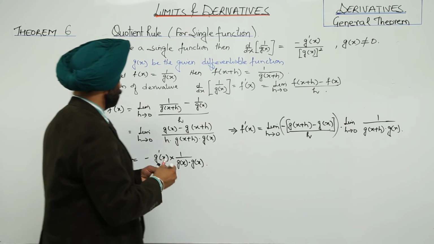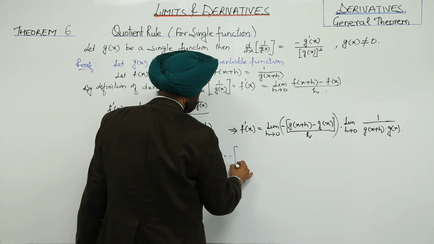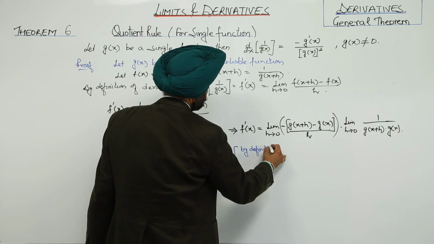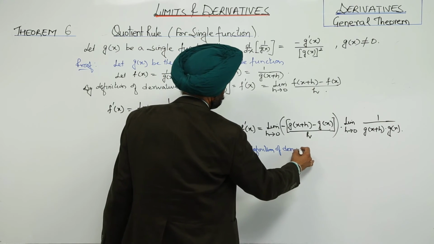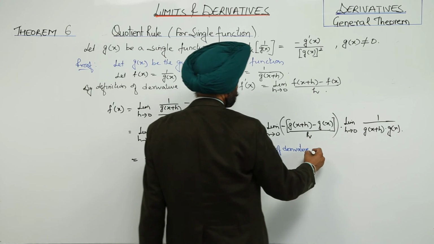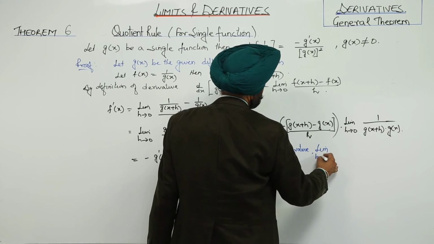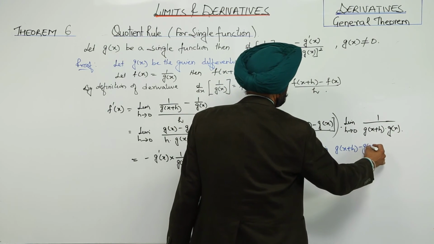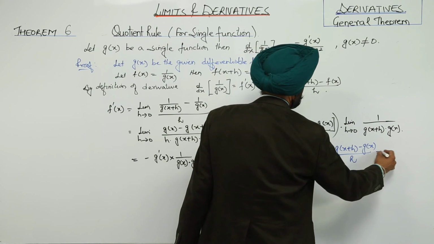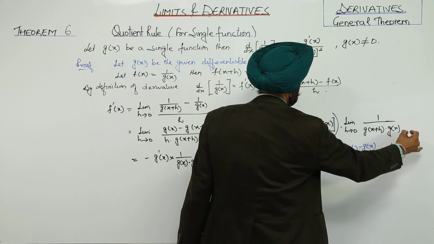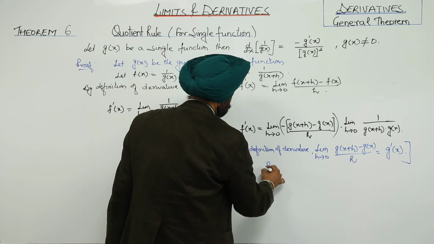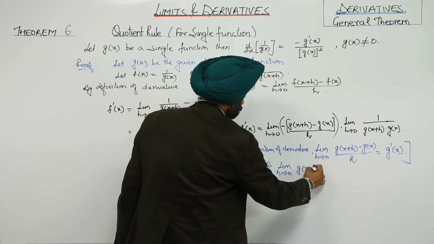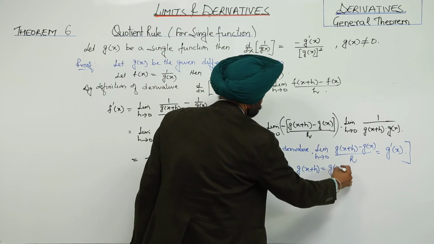Now what changes have we done? By definition of derivative, limit h approaches to 0 of g(x plus h) minus g(x) upon h is g derivative x, and limit h approaches to 0 of g(x plus h) is equal to g(x).